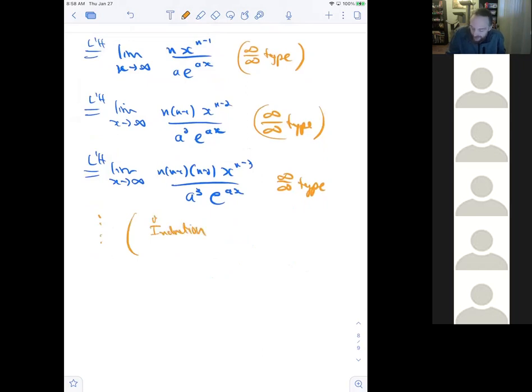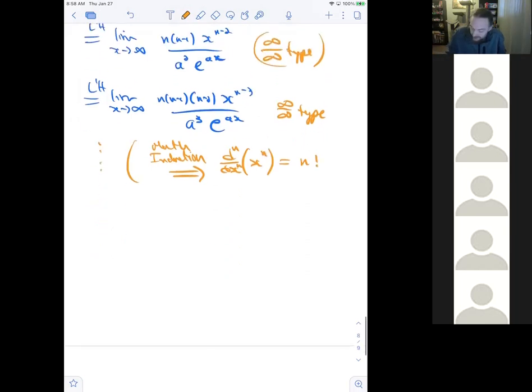If you don't know what mathematical induction is, we're not going to do it in this class. It shows this will imply that the nth derivative of x to the n is n factorial, and the nth derivative of e to the ax is a to the n e to the ax.